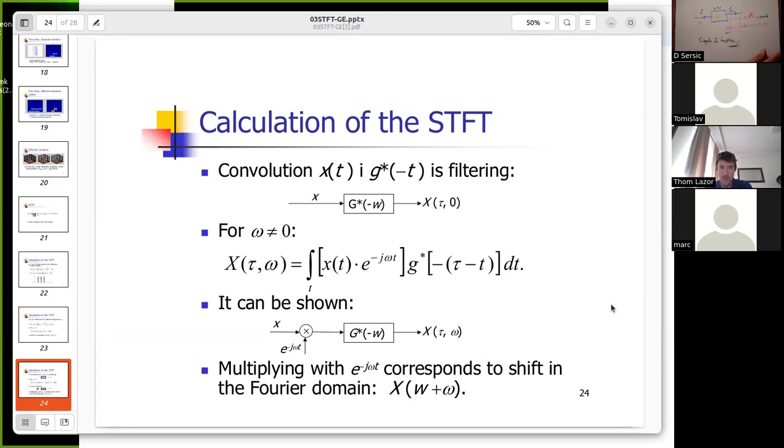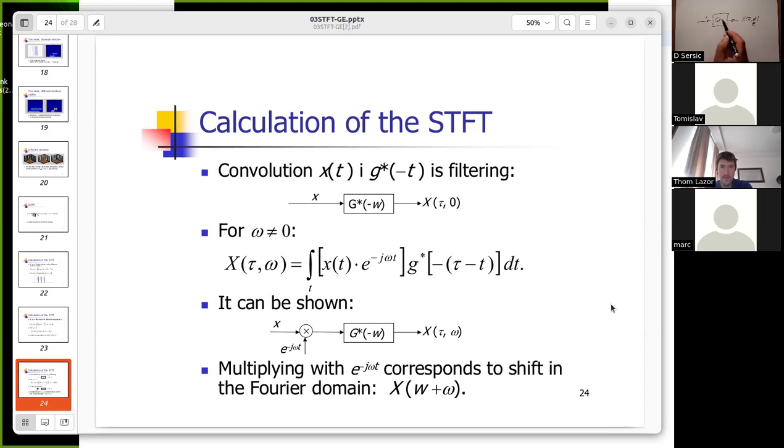So in our case, it looks like this. I won't be lazy, so I will draw it again. I applied X to a filter, actually a linear system, and I got the result, only the result, I mean, with omega equals 0, of course. So X of tau and omega was 0.